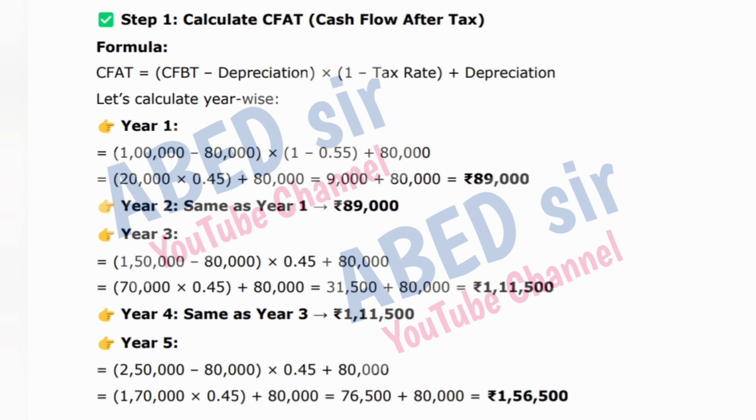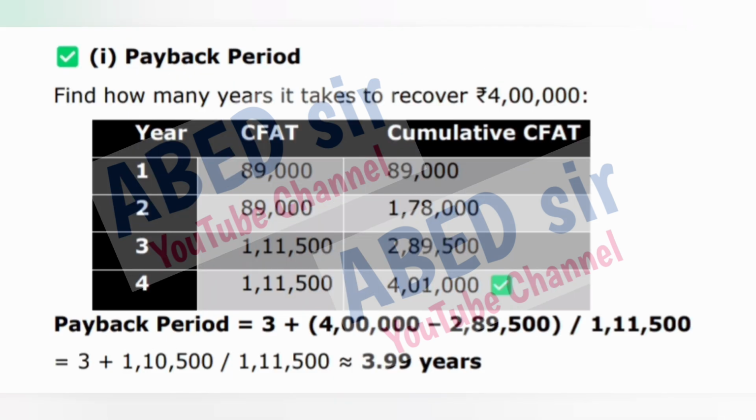Year 5 is equal to (2,50,000 minus 80,000) times 0.45 plus 80,000 is equal to 1,70,000 times 0.45 plus 80,000 is equal to 76,500 plus 80,000 is equal to 1,56,500 rupees.